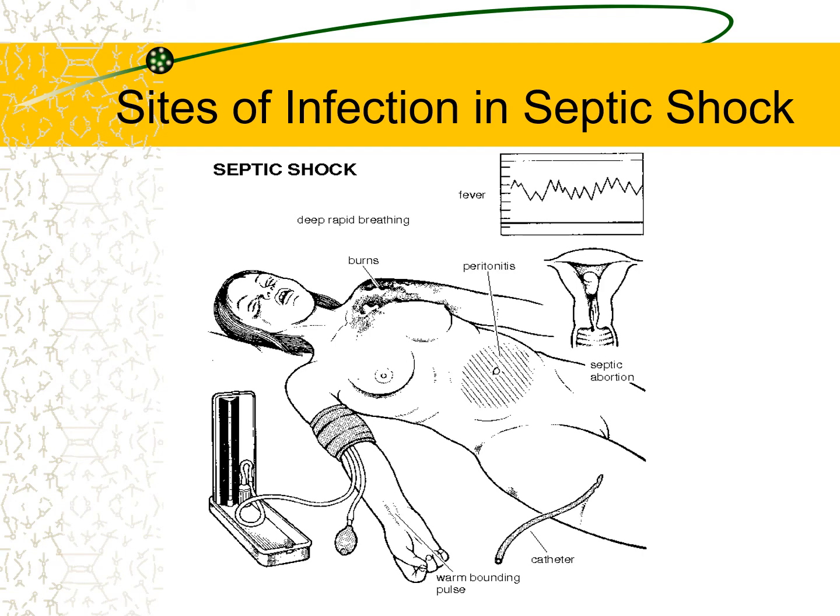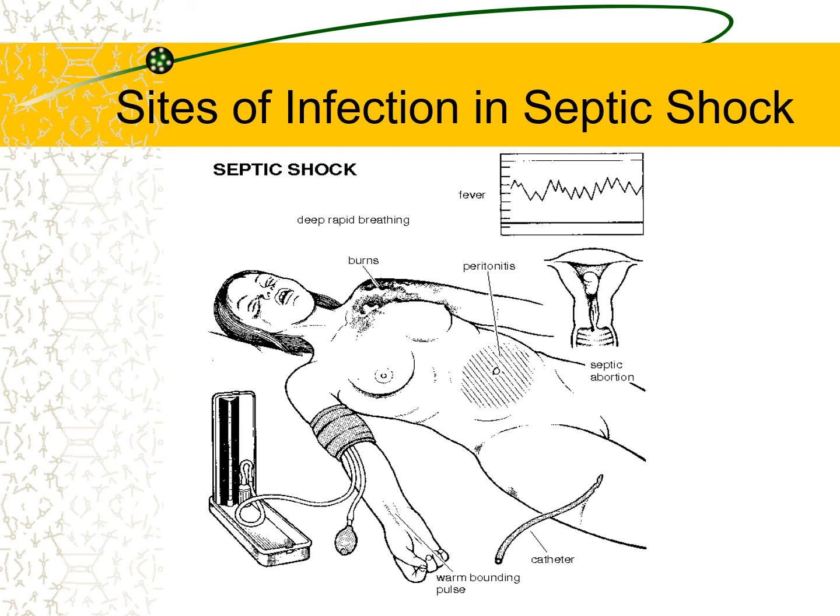This slide shows some sites of infection and septic shock. Now, septic shock usually starts suddenly. The drop in a patient's blood pressure may be catastrophic. He or she may be disoriented, confused, delirious, or comatose. A patient in septic shock breathes rapidly.